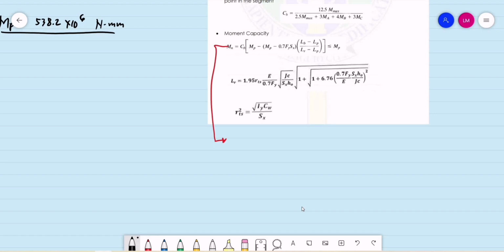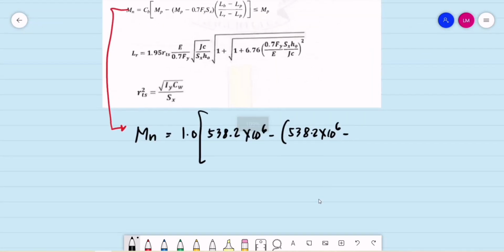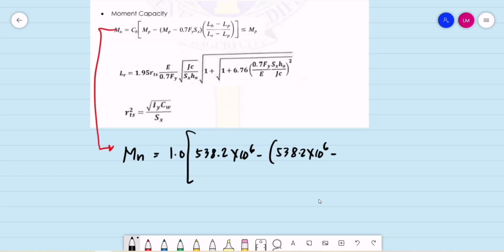We have M sub n now equal to C sub B, which is 1.0, multiplied by the quantity 538.2 times 10 raised to 6, less the quantity 538.2 times 10 raised to 6 minus 0.7 of Fy, 345 megapascals.